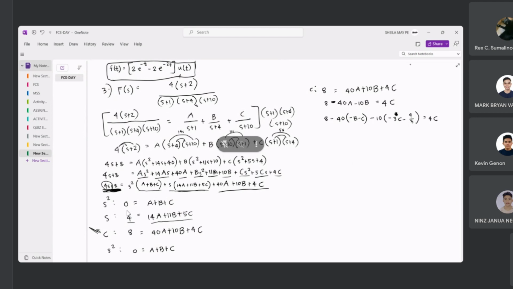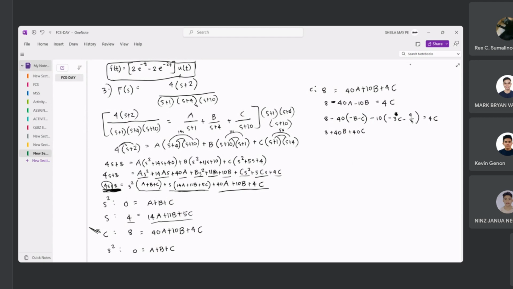Right? Now simplifying the first, negative 40 times negative B, that's positive 40B, negative 40 minus C times negative C, so that's positive 40C.